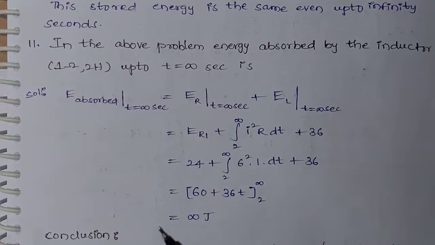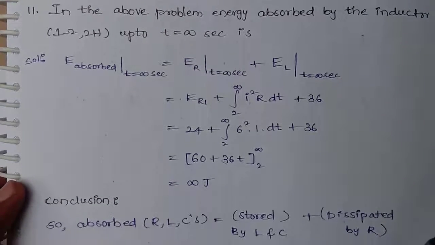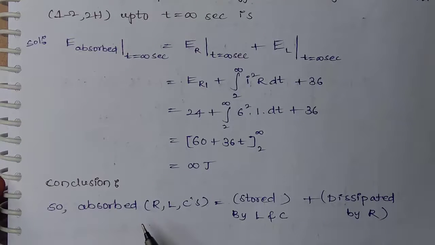So what is the conclusion from these questions? The energy absorbed by the practical inductor and the energy stored by the practical inductor are different. So the conclusion is, the energy absorbed by the RLC elements is nothing but the energy stored by the L and C plus the energy dissipated by the resistor.